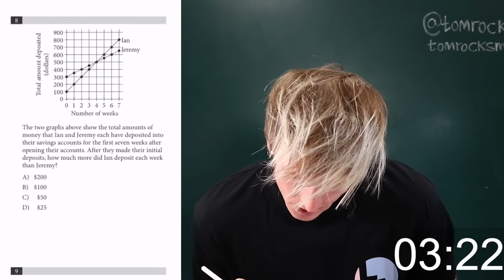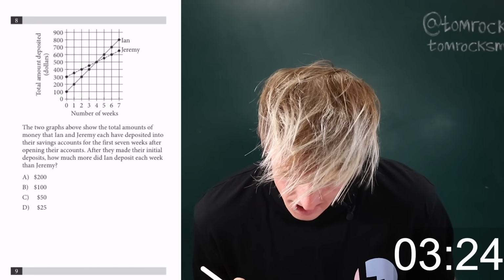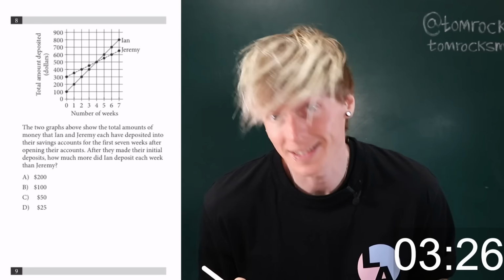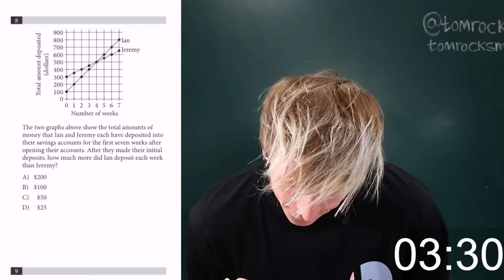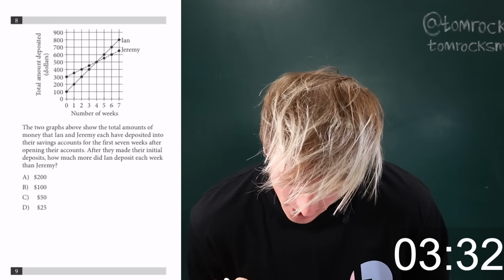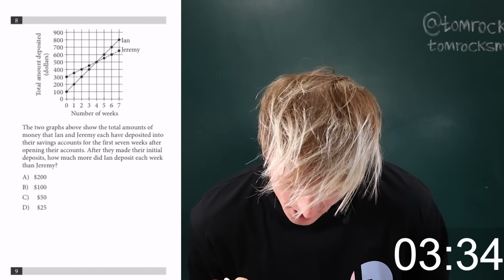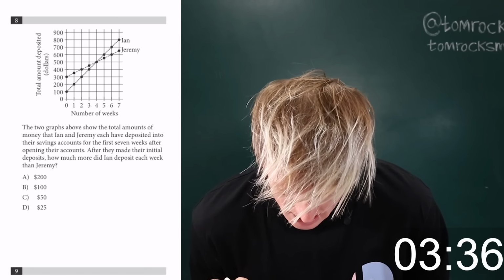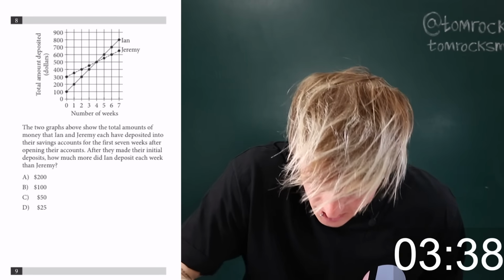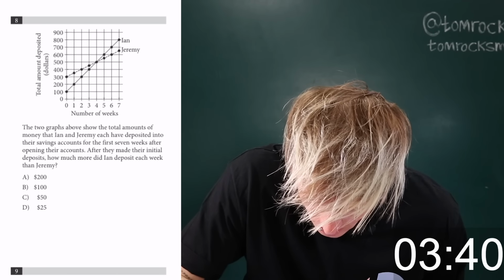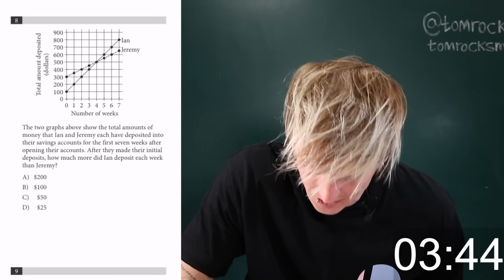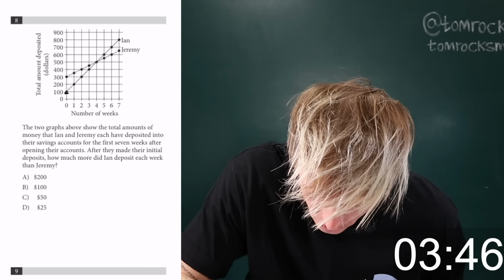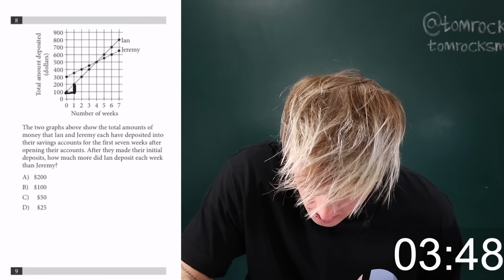The 2 graphs above show the total amounts of money that Ian and Jeremy each have deposited into their savings account. For the first 7 weeks after they made their initial deposit, how much more did Ian deposit each week than Jeremy? Okay, so we need to know the gradients. So after their initial deposit, Ian is doing 1 week is $100.